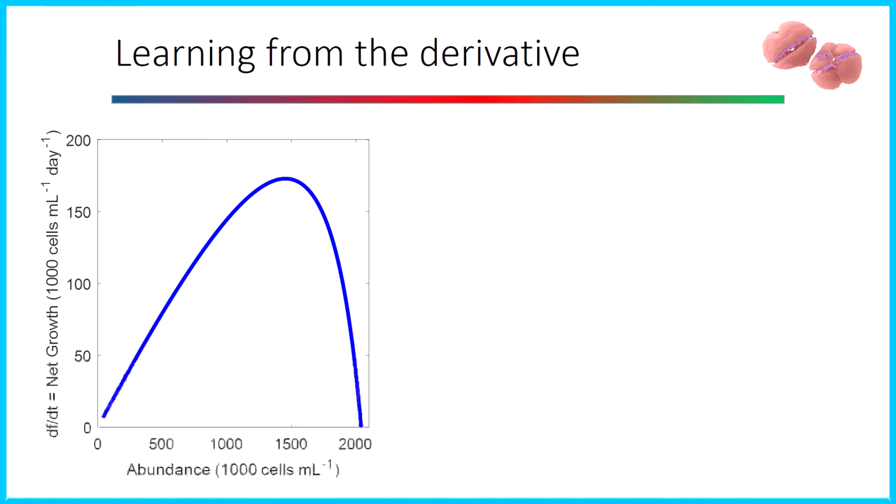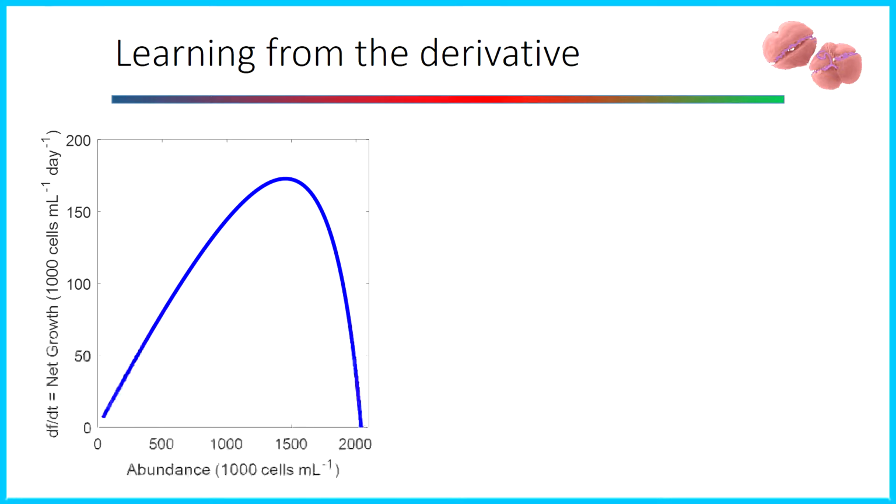Okay, so far we've learned how the derivative is related to the growth rate of the phytoplankton. But how can we actually use the derivative to learn something useful? Well, one thing that we can do is we can take that derivative of f with respect to t that we calculated, and instead of plotting it against time like we did before, let's plot df/dt as a function of the abundance of Crania in our experiment.